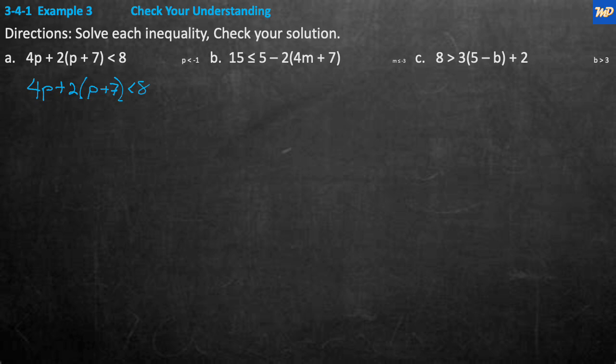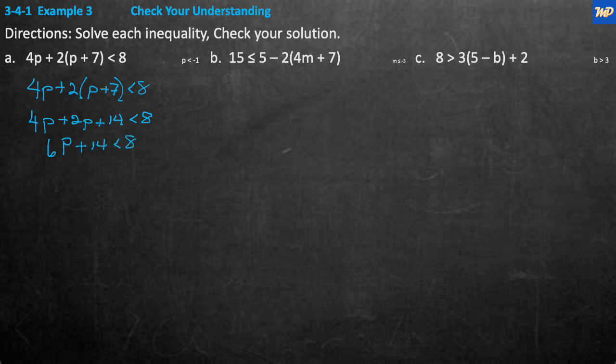We have to resolve this multiplication right here. So we're going to have 4p plus 2p, 2 times p, plus 2 times 7, 14. And that is less than 8. Now combine like terms, we have a 4p and a 2p, so we're going to have 6p plus 14 is less than 8.